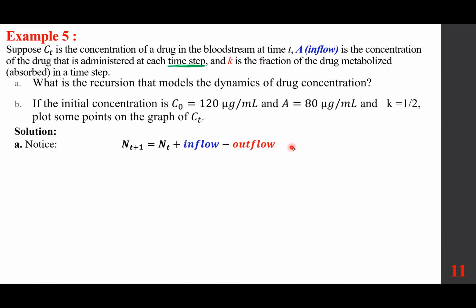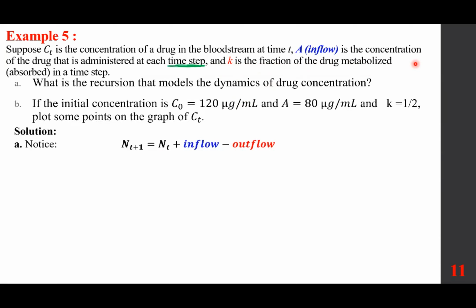I hope it makes perfect sense to everybody. So anytime we want to calculate the new amount, we go with the old or original amount, and then whatever we add and whatever is out. What is out? This is the portion, the fraction, the percentage that was used and absorbed by the body.